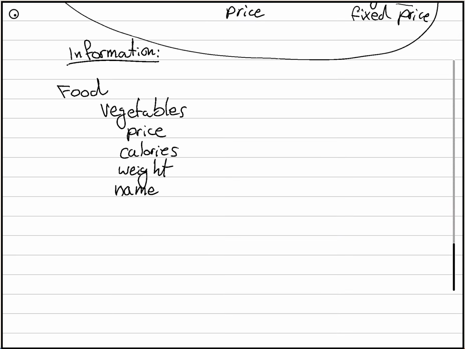All right. We also said we care about fruits. What do we care about in fruits? I think also name again, price, calories, and let's say counts maybe.